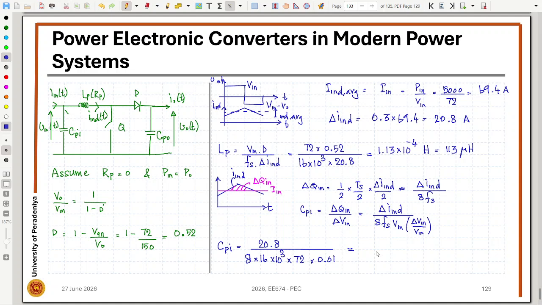So this will result in the input capacitance being 2.26 times 10 to the minus 4 farads, or 226 microfarads. So we get the input capacitance of the converter.